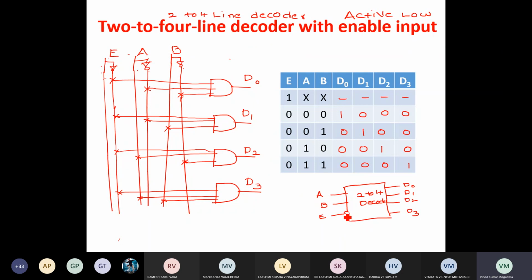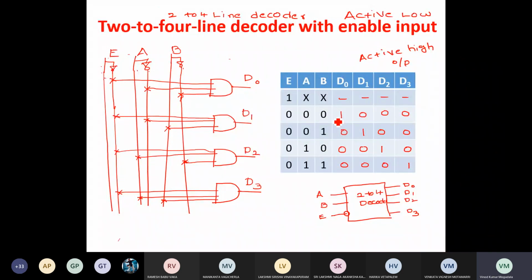Whenever any circuit is active low, that input, or sometimes the outputs, may be active low. Here the output is 1 only for one column and the remaining outputs are 0, so in fact this is active high output.